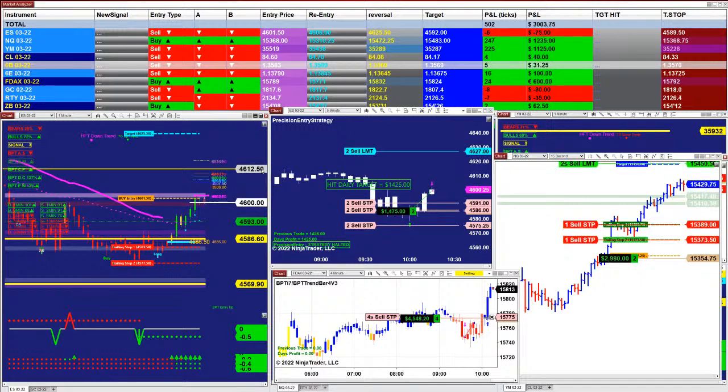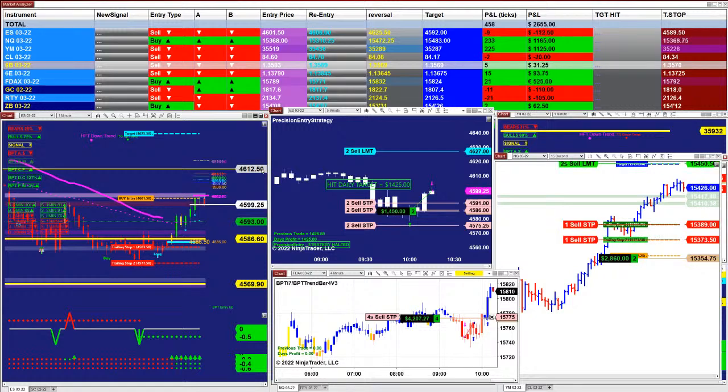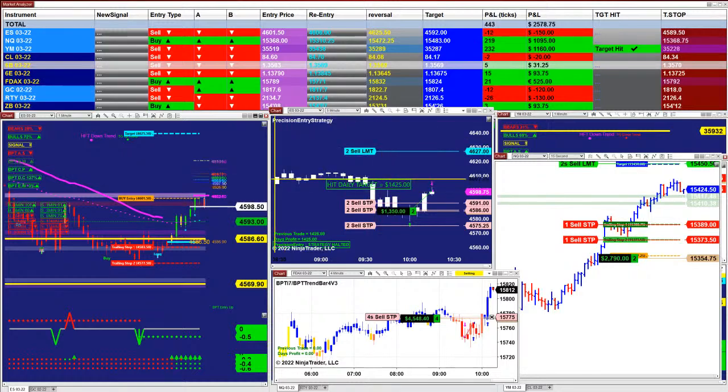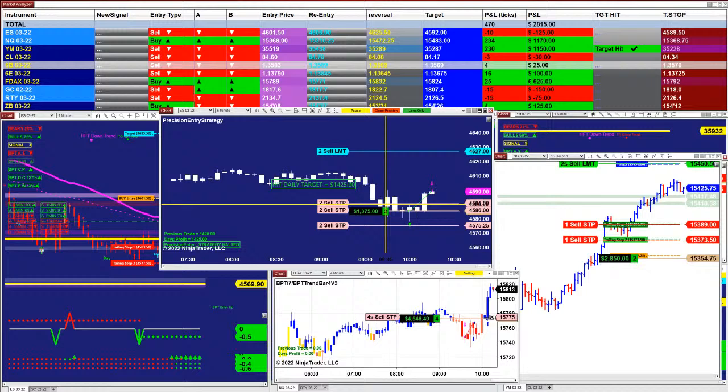If we look at the ES, we have two contracts on the precision auto trade. The first one was an early entry. It can be related to a reversal trade, but the second position is going to be hard to close. So in those situations, you have hit the target on 1,400, and then you have another 1,400 out still on the other two trades.